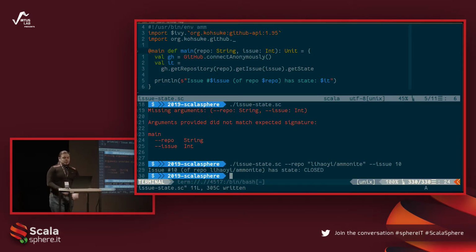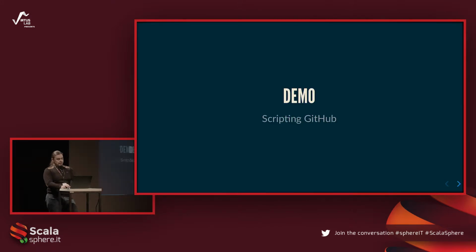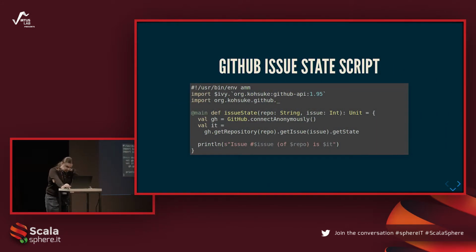And that's it. This is really all it takes to explore, to find out how to solve a problem using a library and to turn it into a script using Ammonite. So let's take a quick look at the parts of what we did. So the interesting parts of this script are the main annotation and this import $ivy thing that we have used.